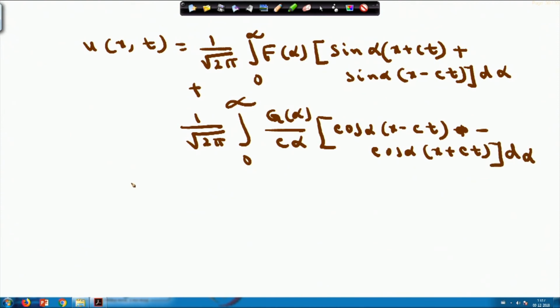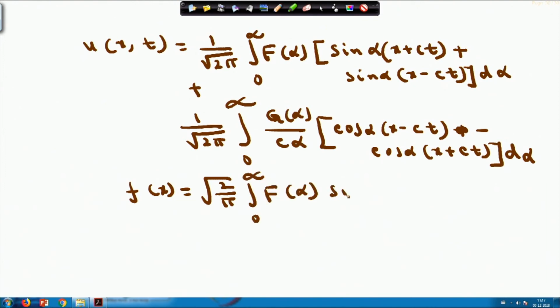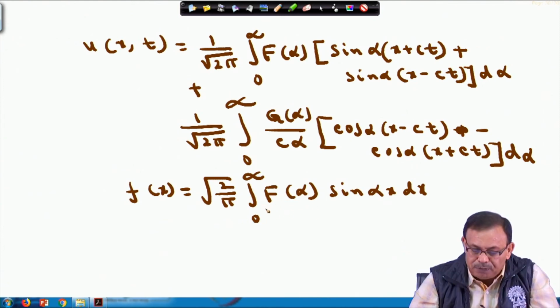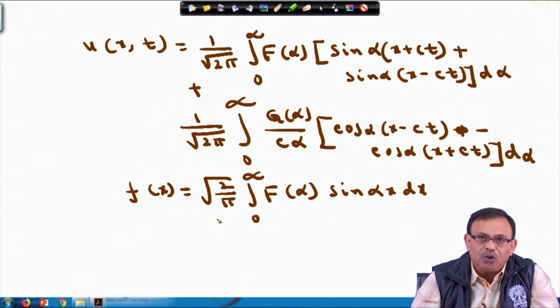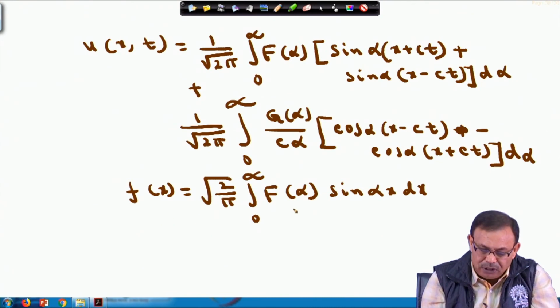Now, you know what your f(x) is? f(x) is nothing but root over 2 by pi, integral from 0 to infinity, F of alpha sin of alpha x d alpha, where capital F alpha is the Fourier sine transform of f(x). So I can write f(x) as this thing.